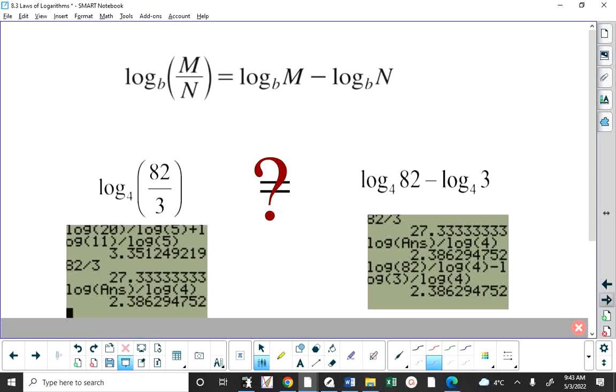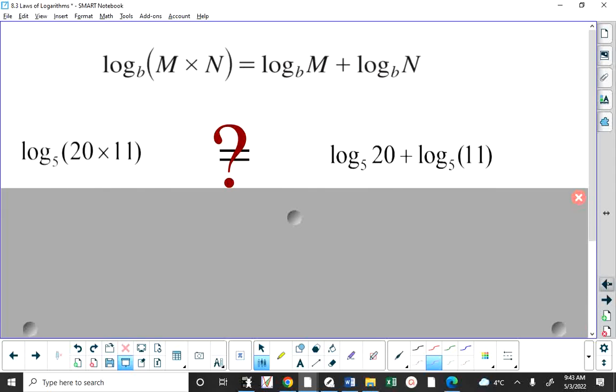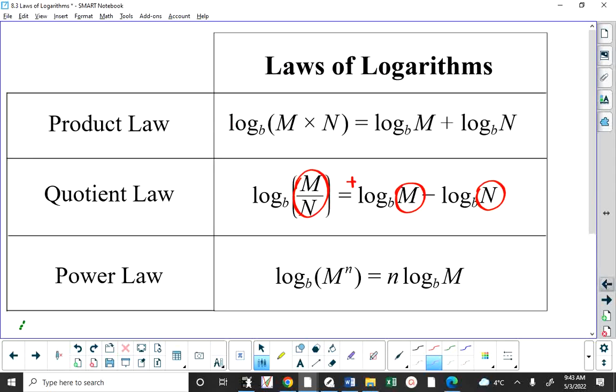Okay. The final one is a fundamental law, which is really important. And those of you taking calculus, you need to not confuse this, because we're going to be doing this in calculus very shortly, working with logarithms. You need to not confuse this with the power law for derivatives. This has nothing to do with differentiation.